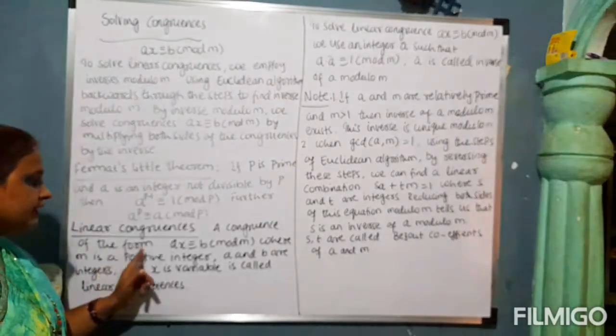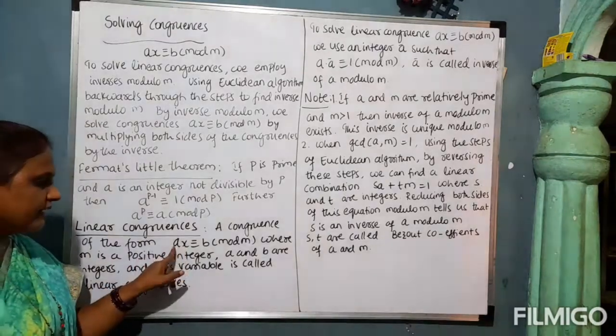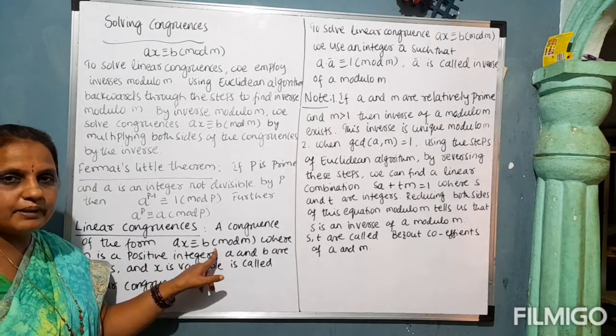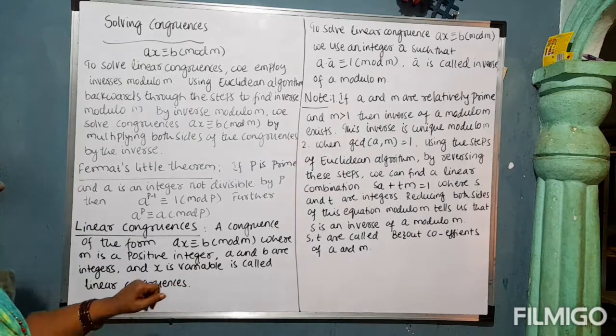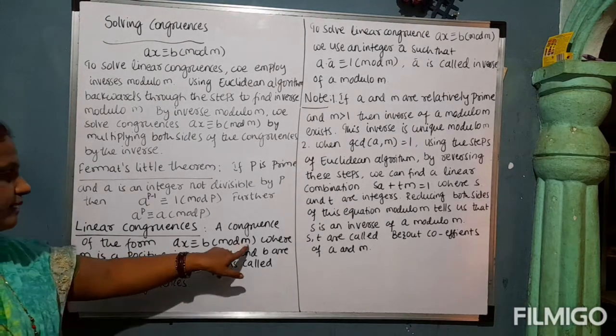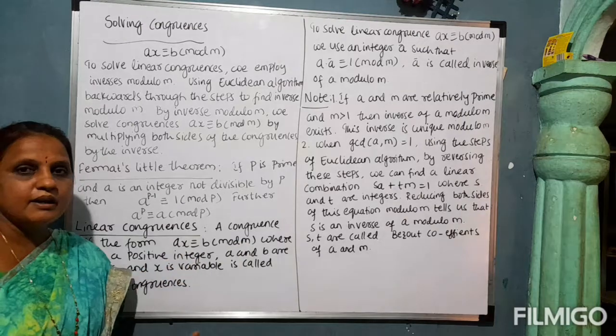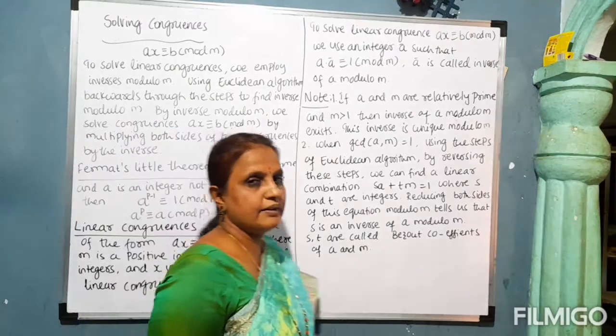Now we will see what is meant by linear congruences. A linear congruence is of the form ax congruent to b mod m. Here x is a variable, a and b are integers, and m is a positive integer. A and b may be positive or negative depending on the problem.